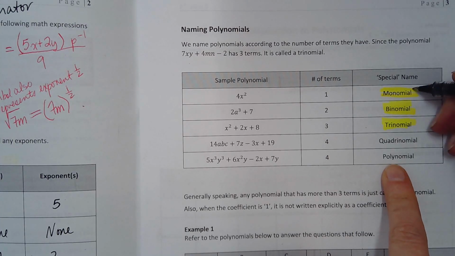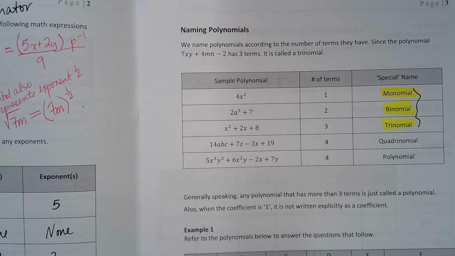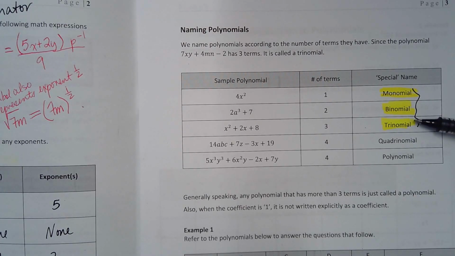We just use these 3. Anything larger than 3, like 4 and up, we just refer to as a general polynomial. By the way, the word polynomial just means the whole family of polynomials. Poly means many, and nomial means terms, many terms. So all of these actually are polynomials. They're just in the family. It's just that these 3 have specific names as well.